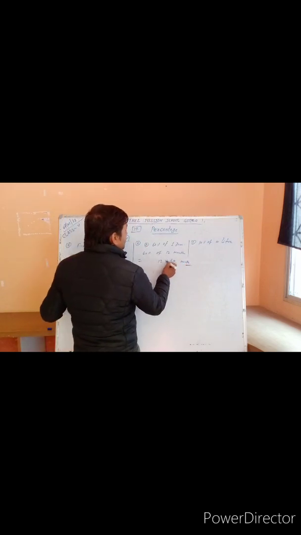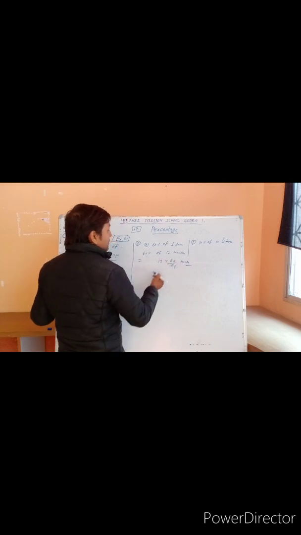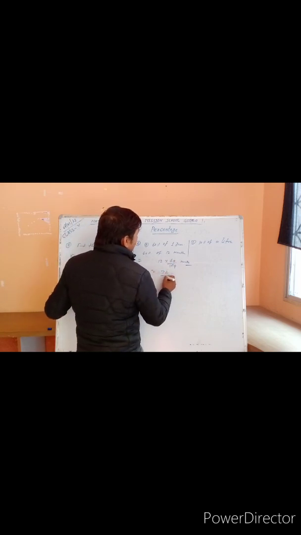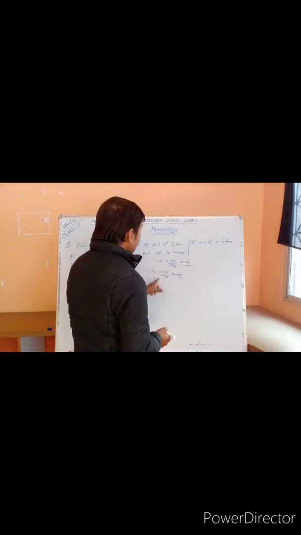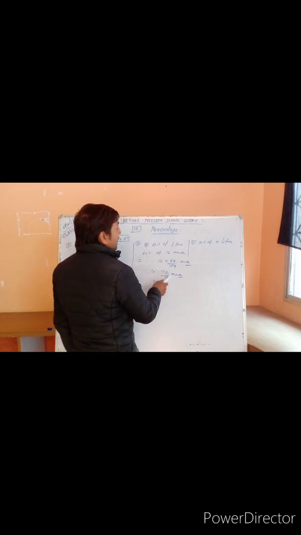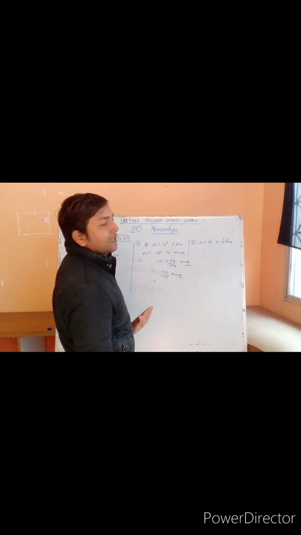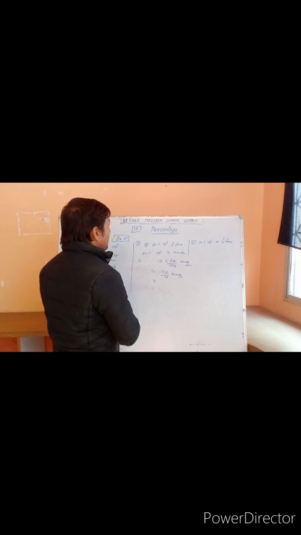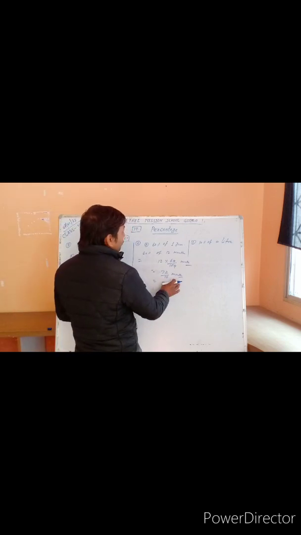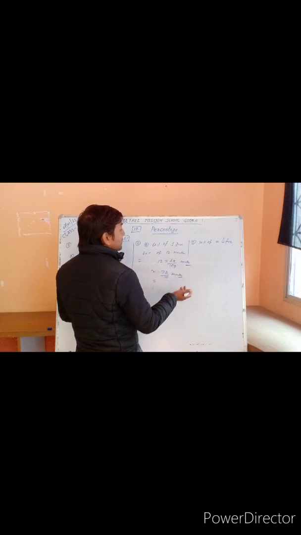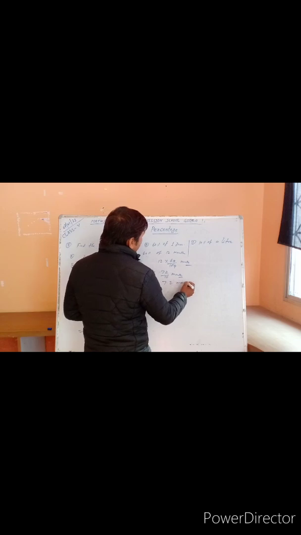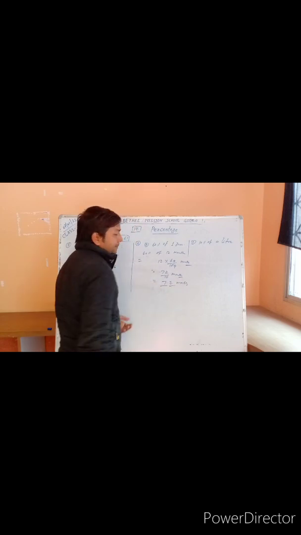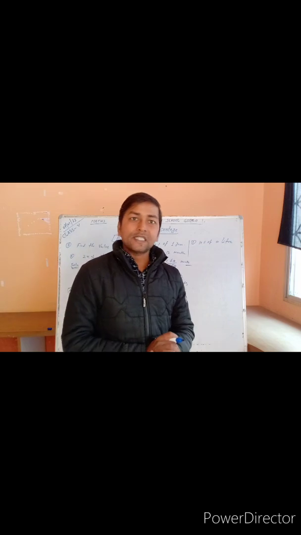So now 12 and 12 6s are 72 by 10 months. 72 by 10 months will be the answer. And to find the actual months, divide: 7.2 months. This will be the month, this will be the day. I hope it is clear.